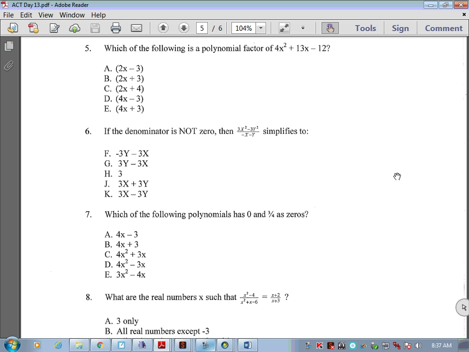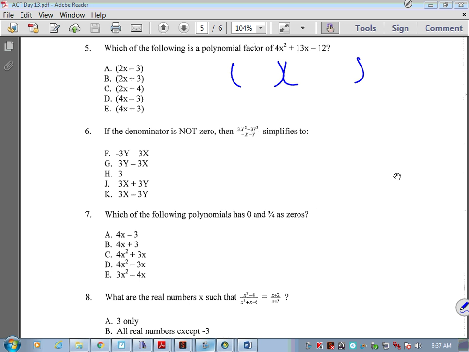Number 5. Which of the following is a polynomial factor of 4x squared plus 13x minus 12? Okay, these are typically a little harder just because it's not just x squared, right? Even the positive and negative becomes a little more iffy. So this is really kind of a guess and check, but notice that they do give you 5 options, right?